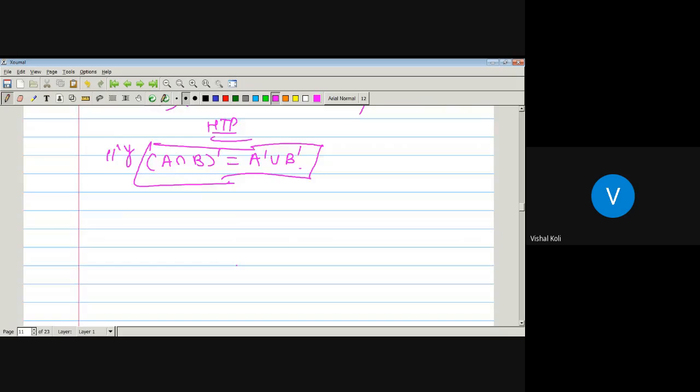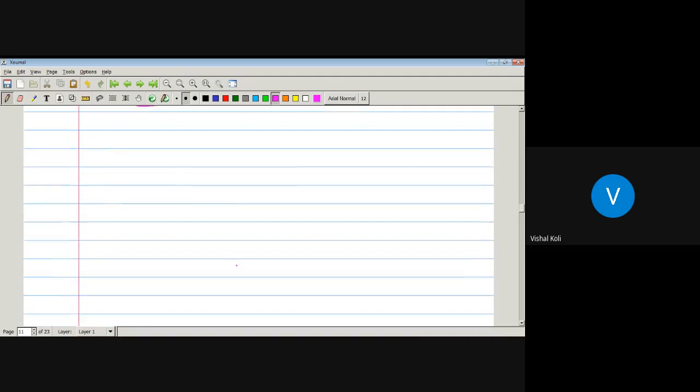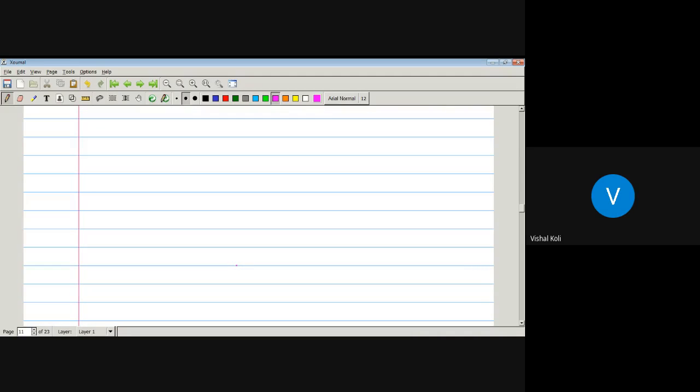Okay. After that we have defined one definition, that is the Cartesian product of two sets.